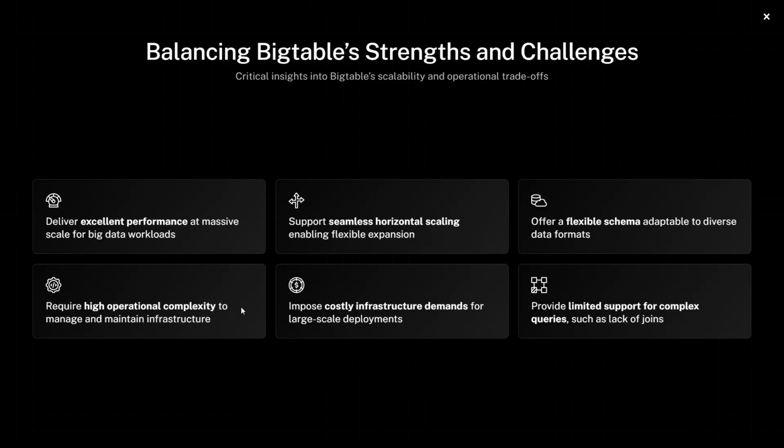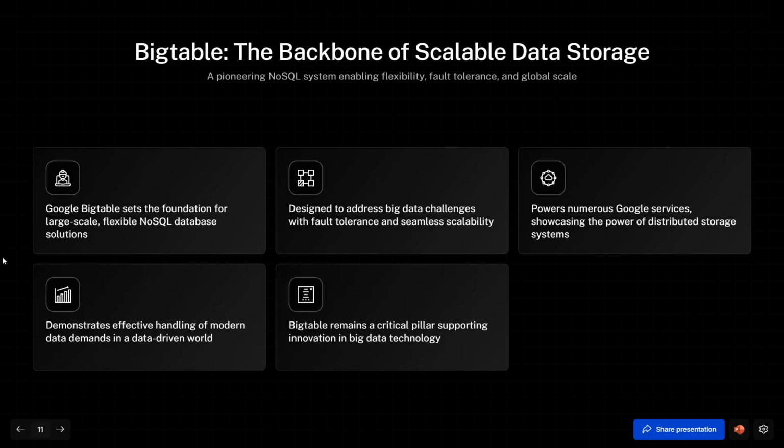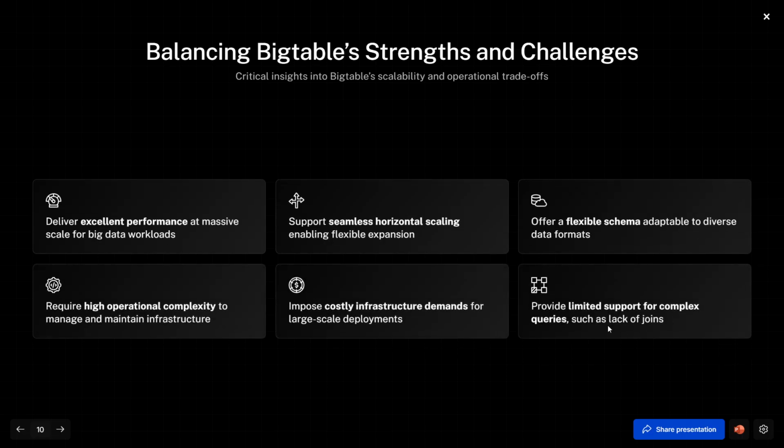However, it requires high operational complexity to manage and maintain infrastructure, imposes costly infrastructure demands for large-scale deployments, and provides limited support for complex queries, such as a lack of joins.